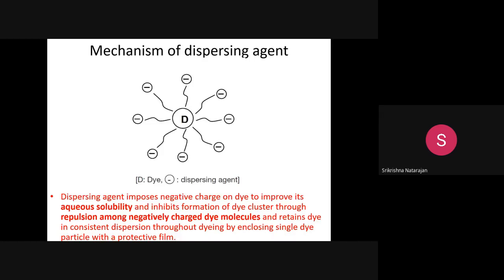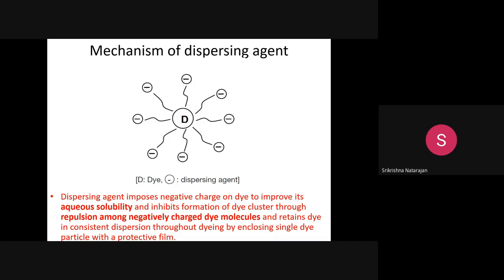We add this dispersing agent over the surface of this, so that what will happen? Around the dye surface, some negative charges are introduced. Okay, over every single dye molecule. So if it is introduced, what will happen? It will not form the cluster, because if the surface of one dye molecule is negative, and the surface of the other dye molecule is negative, negative and negative will create only repulsion.